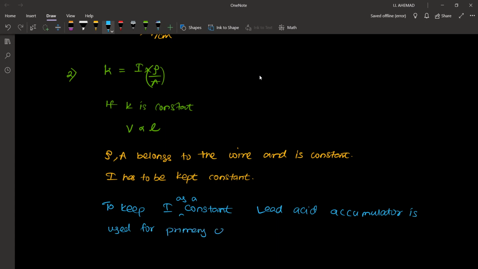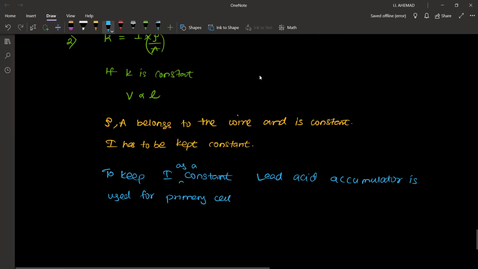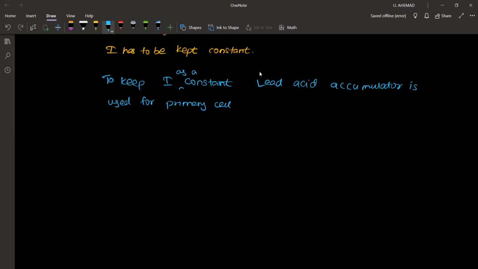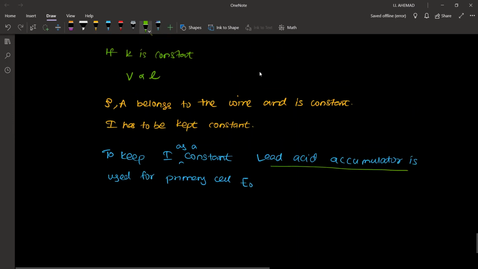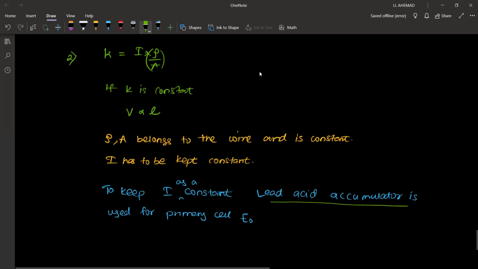So this lead acid accumulator has the ability to provide constant current for a longer period of time. Okay, then automatically K becomes a constant.